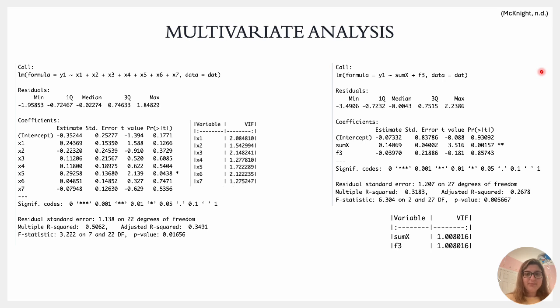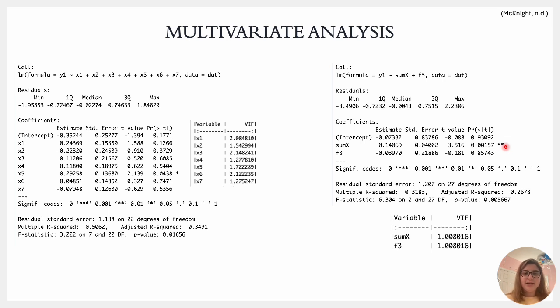So then on this side here, we did another analysis predicting y1 based on the sum of the x's and F3. So we can see that sum x is statistically significant with a p-value of 0.00157, and that's telling us we do have a meaningful effect on y1.